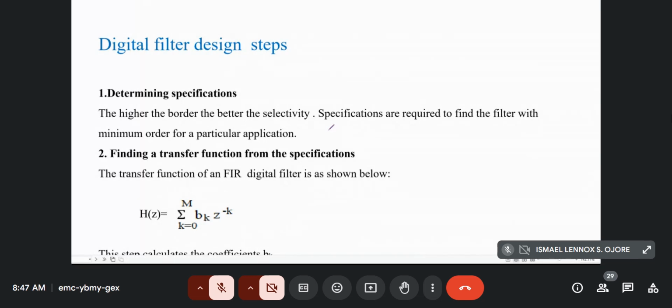There is what you want to achieve. What kind of selectivity do you want to achieve? Do you want as close to ideal as possible? The closer to ideal you get, it would also mean your delay elements become more, there will be more computation.